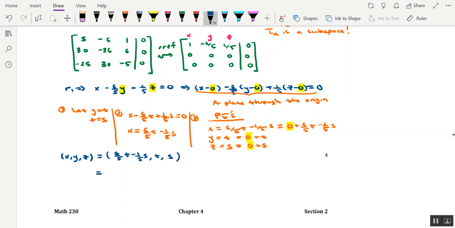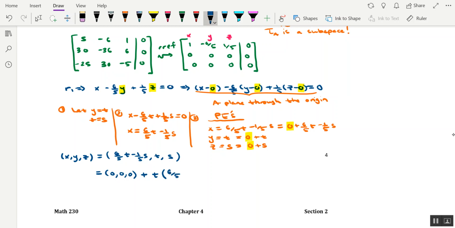Now, my claim is that this vector that's on the right-hand side could actually be written as the sum of three vectors. The first vector being 0, 0, 0, being added to a second vector, which will involve the parameter t. I'll put t in front of an ordered triple here.